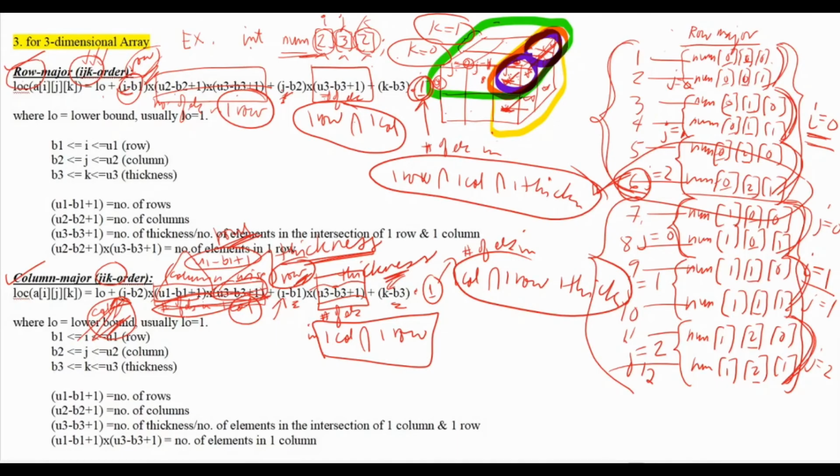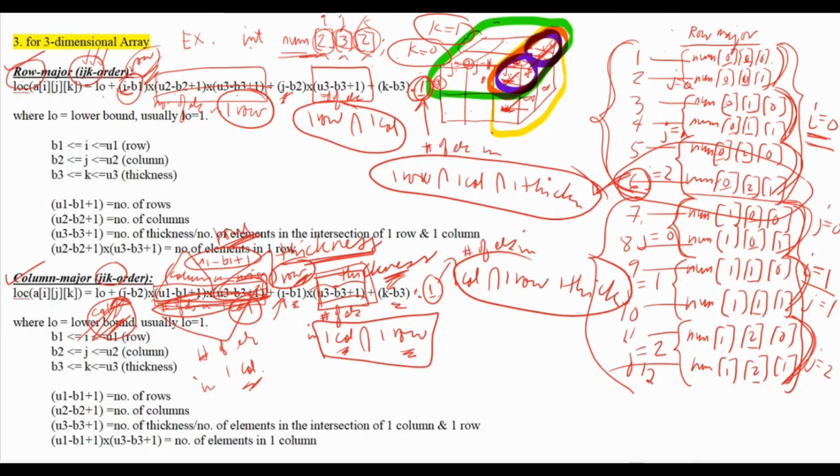While in the column major formula, this is J, the column index, so this is the number of elements in one column. And since that is I, the row index, this is simply the number of elements in the intersection of one column and one row, because the order here is column, row, thickness.